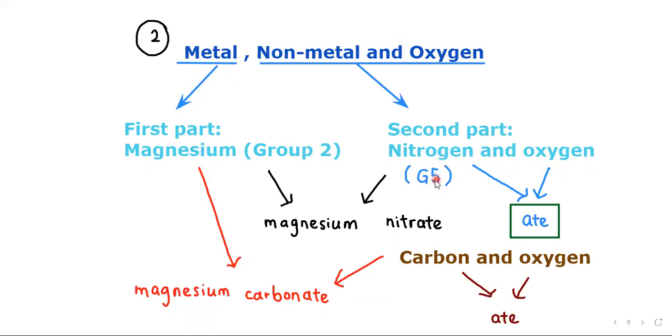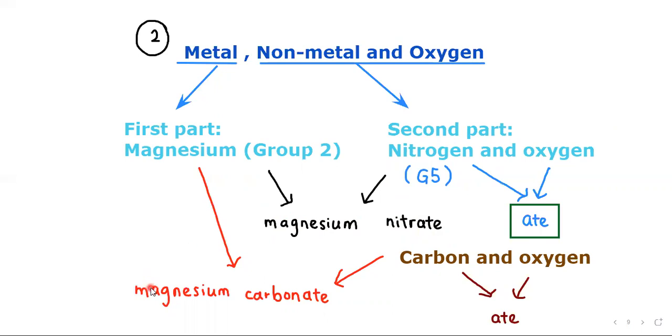Nitrogen belongs to group 5, acting as a non-metal. And this non-metal together with oxygen, the ending of the element name we change to ATE. So it will become nitrate. Copy back your metal and nitrate: magnesium nitrate.